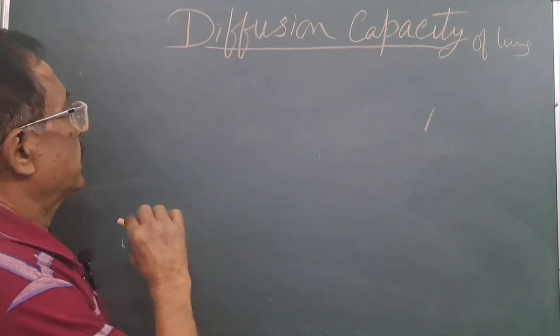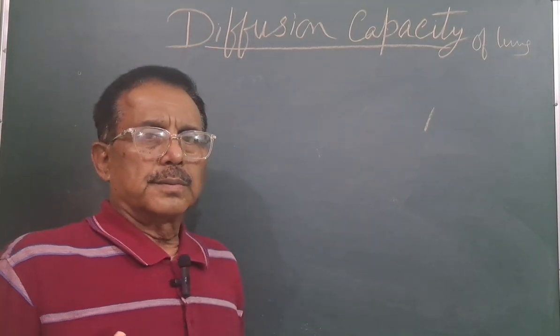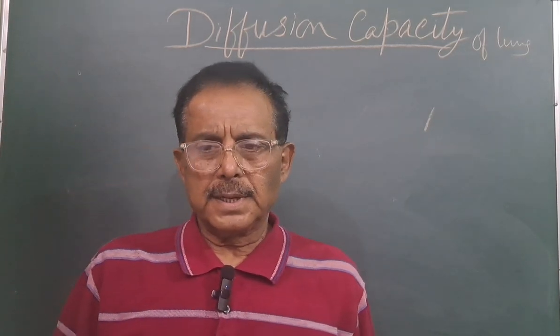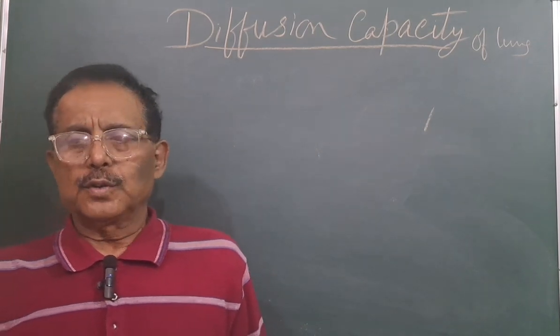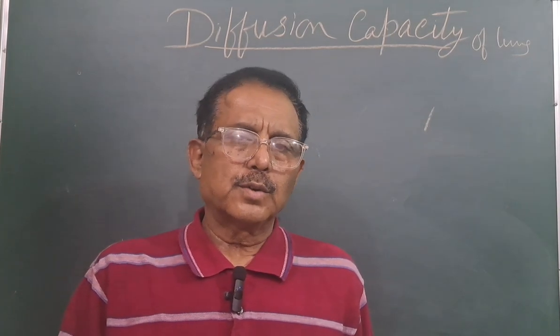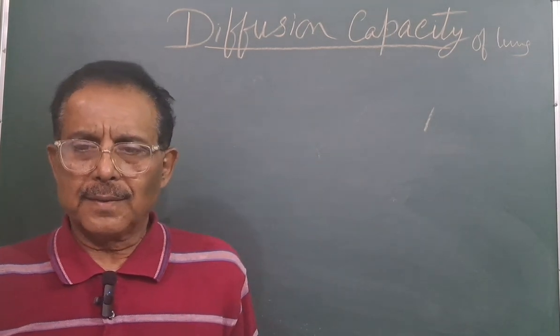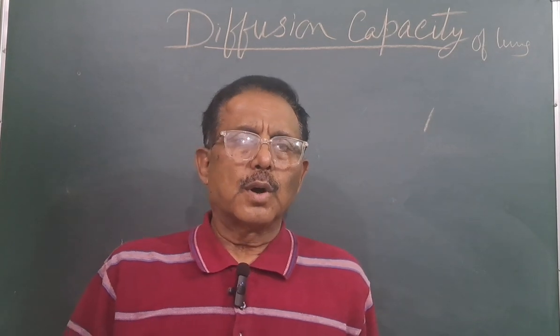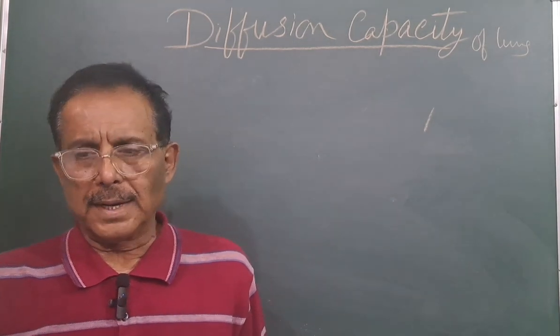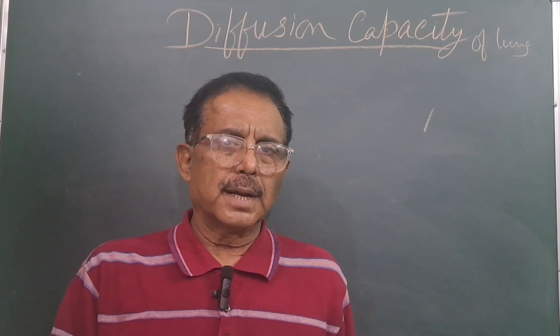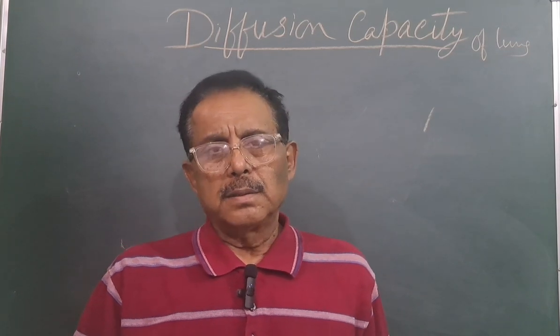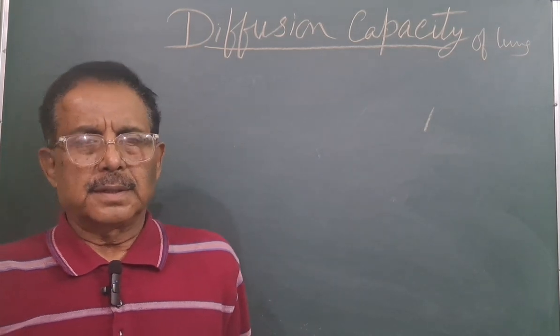This is the definition. This diffusion capacity measures gas diffusion from alveolar air to pulmonary blood and vice versa. It measures how fast oxygen or carbon dioxide diffuses between the alveoli and pulmonary vessels.